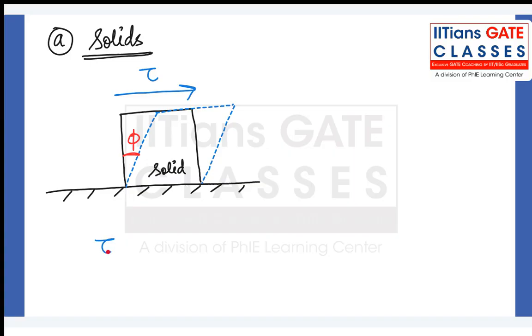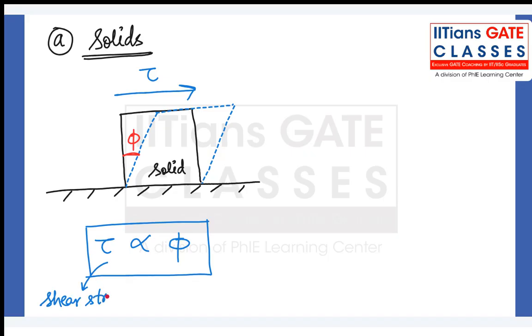The applied shear stress and the result of the shear stress, this phi, called the shear strain, will be directly proportional. So this tau is your shear stress, phi is your shear strain. Stress is proportional to strain. To remove the sign of proportionality, we introduce a constant G, which will be equal to tau by phi.